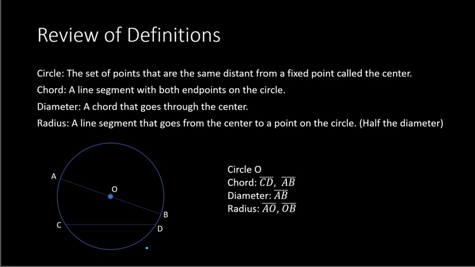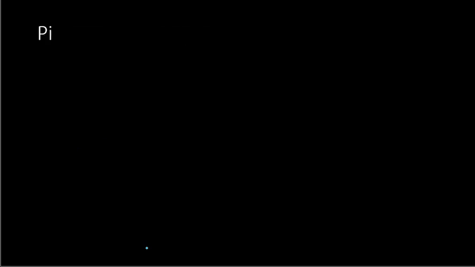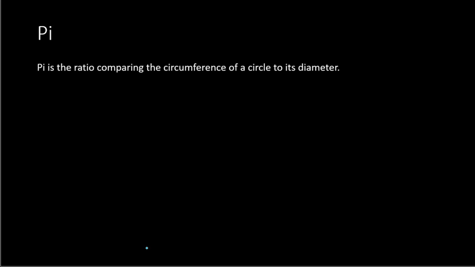Now, to calculate that circumference, we first must understand the definition of a word called pi. Pi is the Greek letter, and we use this to represent the ratio that compares the circumference to the diameter of a circle.